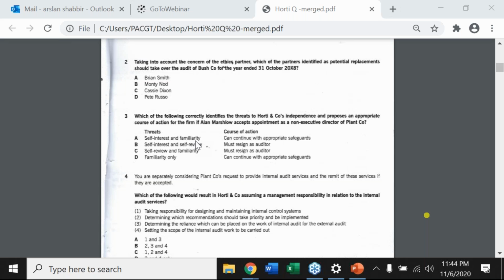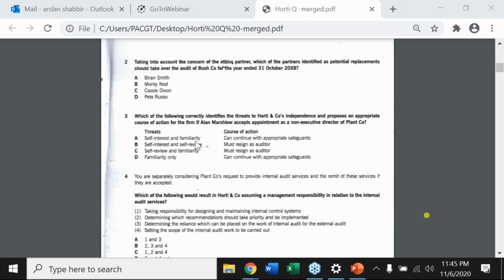Because Alan Marshall was the quality control reviewer on this client from the last two audits. Only last two audits. So how does the familiarity threat exist? We are not taking that decision based on the audit firm's relationship with the client.